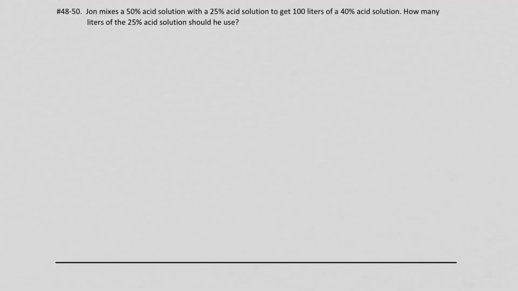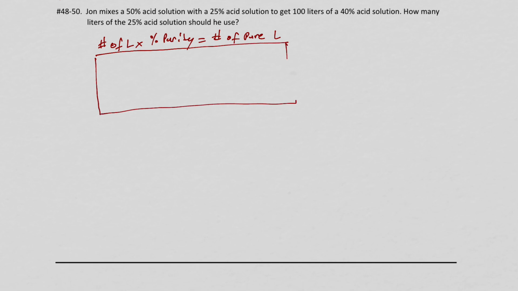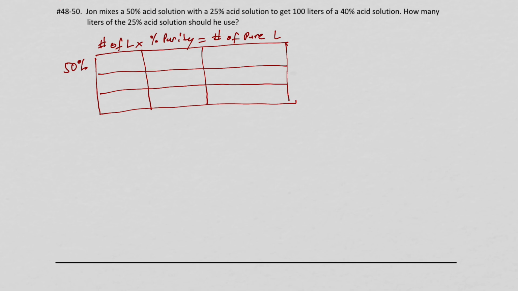Okay, this is a mixture problem. So I'm going to have the number of liters times the percent purity equals the number of pure liters. We have a 50% solution, a 25%, and a mixture that is 40%.